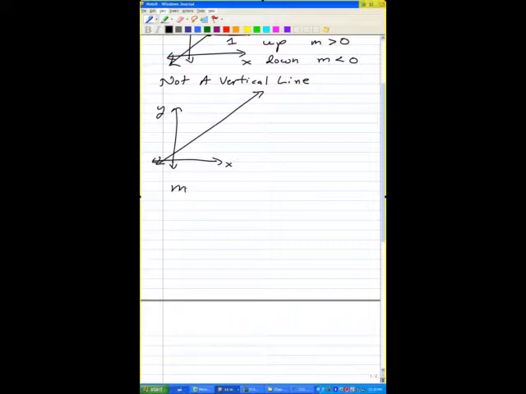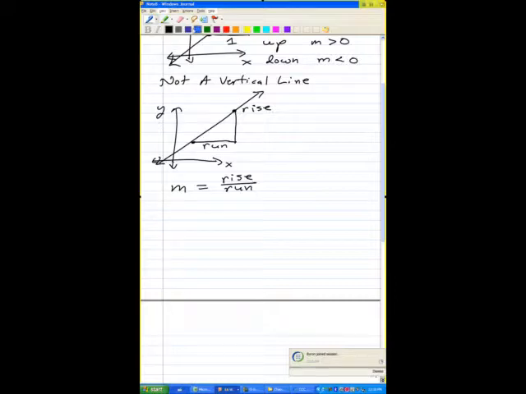I will always denote the slope of a line by the letter M. It's just the rise over the run. So rise divided by run.